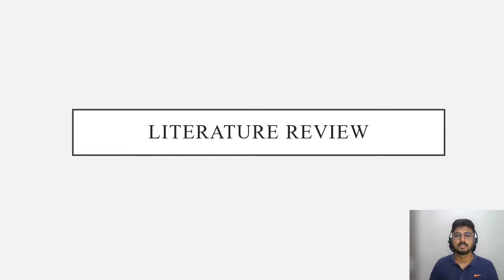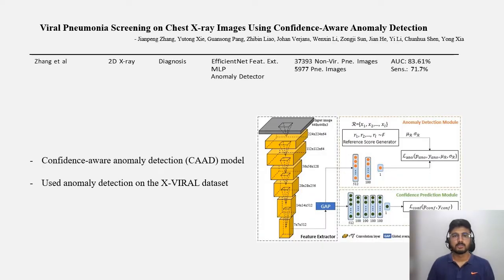Let's have a look at the related work that has been done in this field of COVID-19 detection using chest X-rays. One of the initial studies was done by Zhang and Zi, in which he identified viral pneumonia screening on chest X-rays using a mechanism called confidence-aware anomaly detection, in which every X-ray is assigned an anomaly score, and based on the score, you identify whether it is a normal X-ray or a pneumonia or COVID-based X-ray.